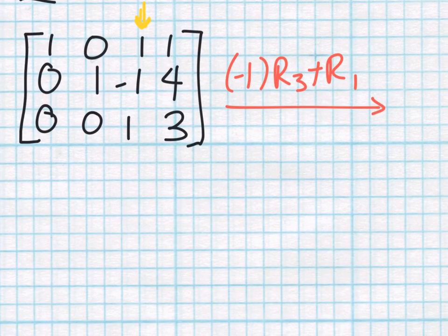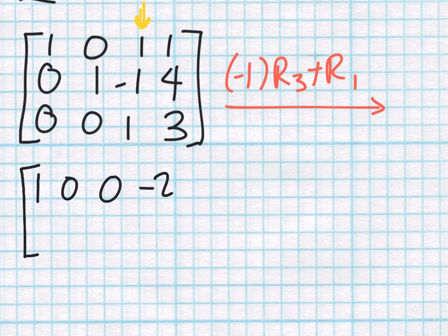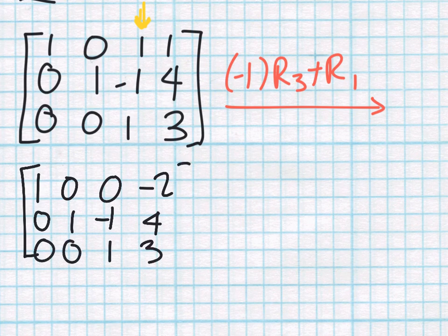Need a little bit more space. So when I do that, I end up with 1, 0, 0, negative 2. Great, this is finally in the form I want it to be in for that row. 0, 1, negative 1, 4, 0, 0, 1, 3.